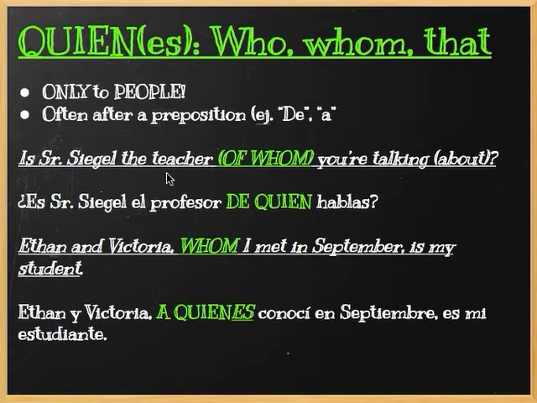First one is Señor Siegel, the teacher of whom you're talking about. In English if we say who are you talking about, or who is the teacher who you're talking about, is most likely where we want whom. Is Señor Siegel the teacher of whom you're talking about? Of whom you're talking is correct.